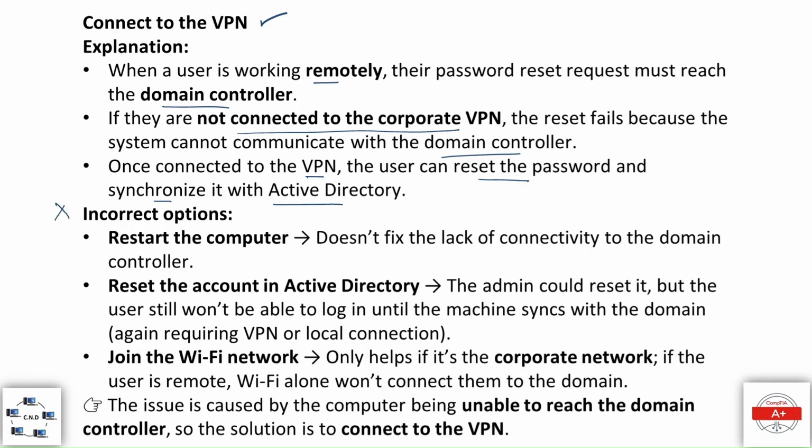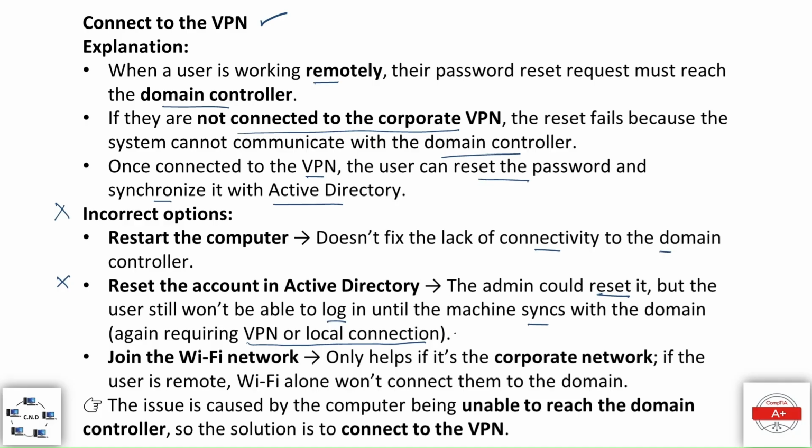Incorrect options. Restart the computer does not fix the lack of connectivity to the domain controller. Reset the account in Active Directory, so the admin could reset the password, but the user still won't be able to log in until the machine syncs with the domain controller, again requiring the VPN or local connection.